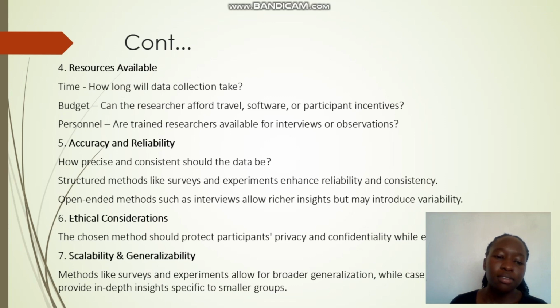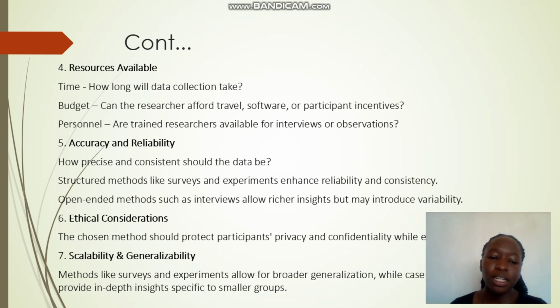And then another factor is ethical considerations. We need to put into consideration the privacy of the details of the people that are providing us with the information that we need, that we don't expose them. So we also consider confidentiality while ensuring informed consent of the participants.